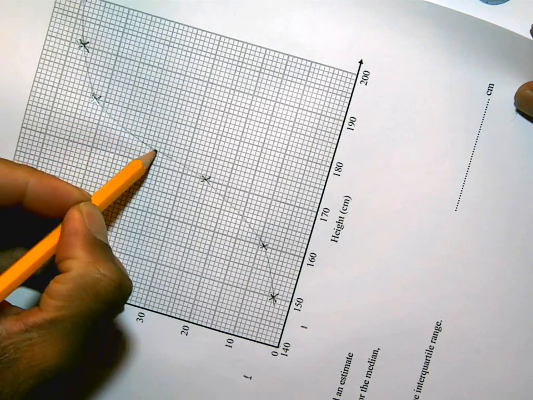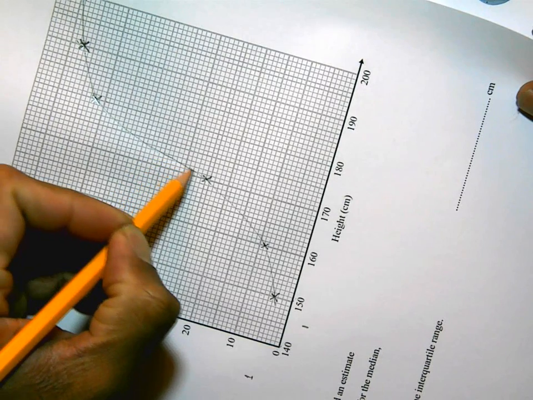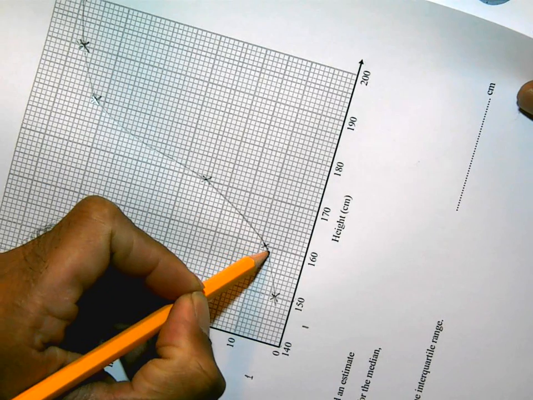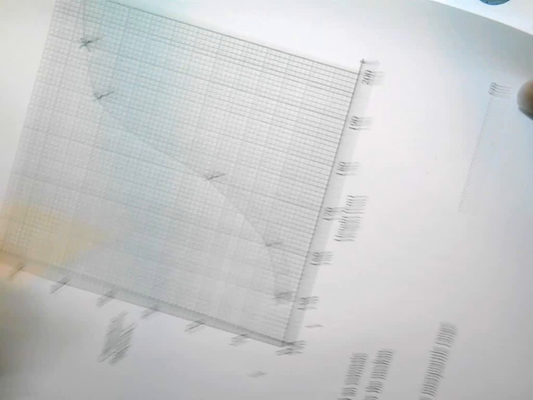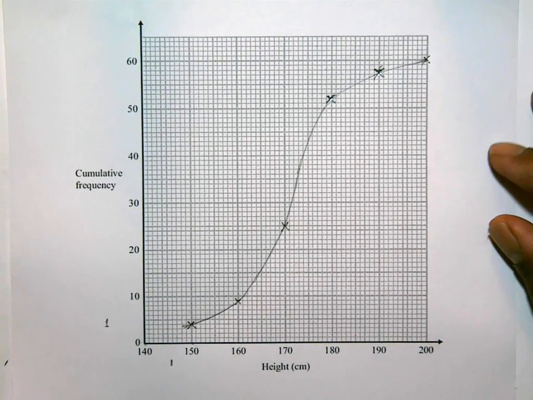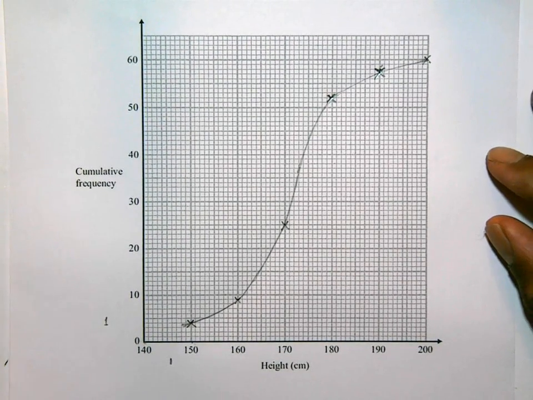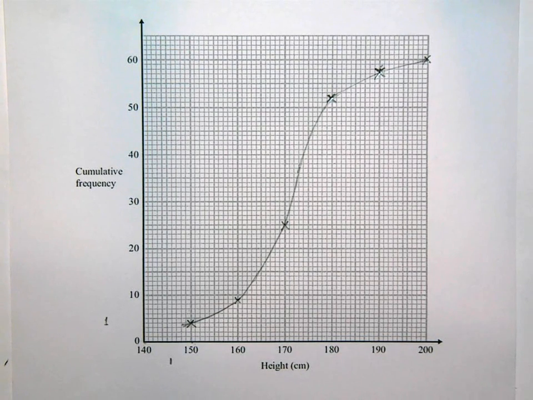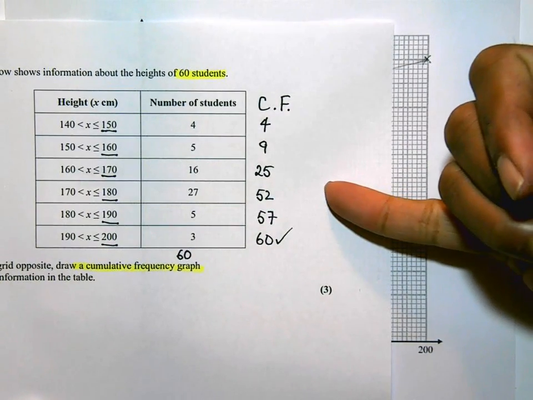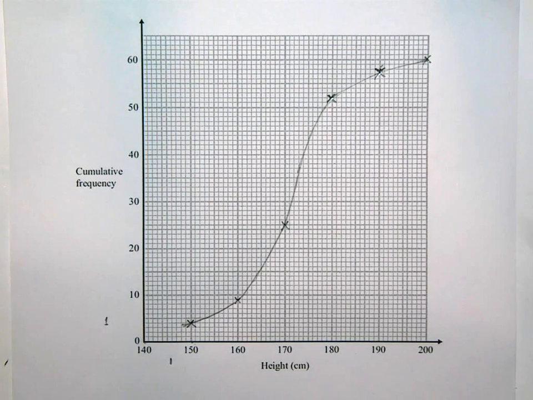What you need to avoid is drawing double lines and a line that's too thick. You will lose marks for that. But that is an adequate cumulative frequency graph, and it's in the typical shape of a cumulative frequency graph as well. So for that, the mark allocation is 3 marks. You'll get marks for completing the cumulative frequency values in the table here, and you'll get marks for accurately plotting all the points.